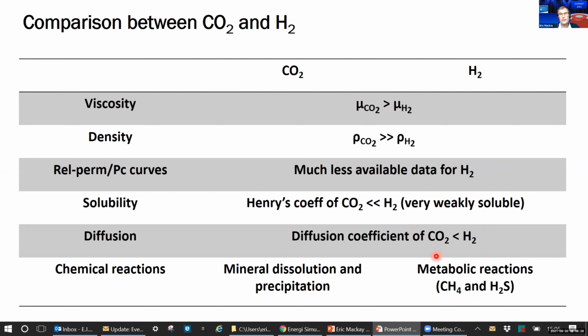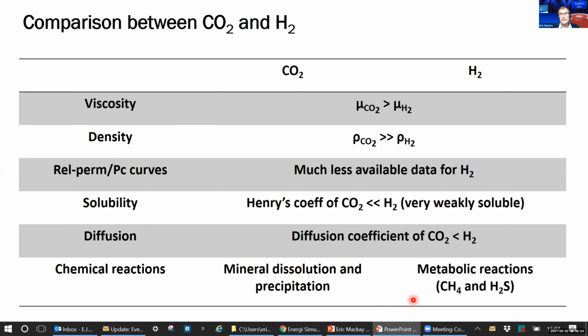Diffusion coefficient for hydrogen is greater than for CO2. In terms of chemical reactions with CO2, as I mentioned before, we've got mineral precipitation and dissolution reactions to consider, and so we need to have the CO2 and other parts of the carbonate system modeled in our compositional simulations.